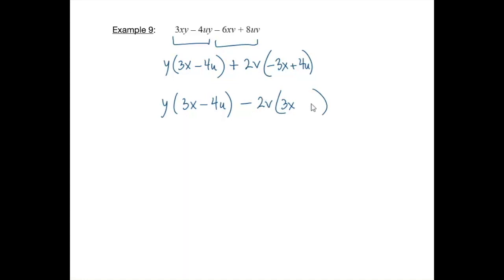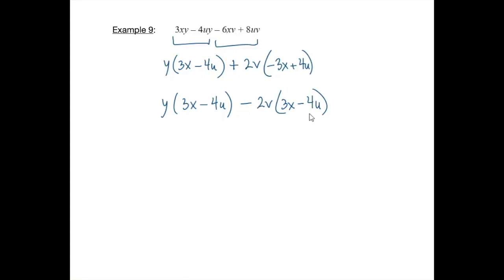When we distribute to the second term, negative 2v times the second term is equal to positive 8uv. So we need a double negative, and the second term will have to be negative 4u. Negative 2v times negative 4u is positive 8uv. Anytime you factor out a negative, the terms inside the parentheses will have the opposite signs of the terms that you started with.